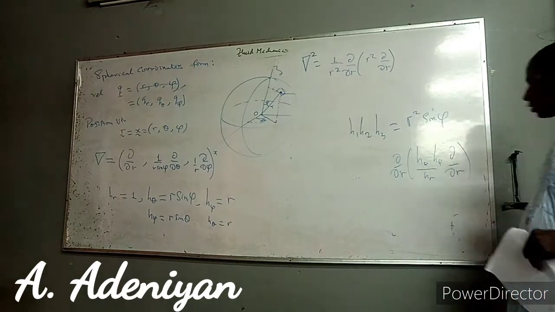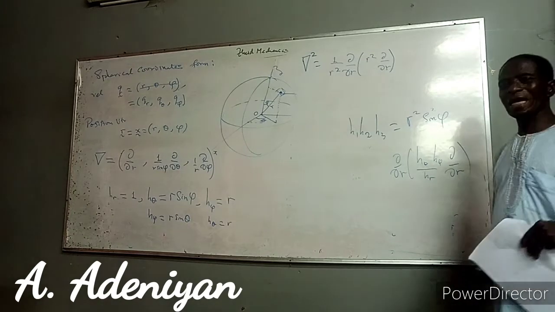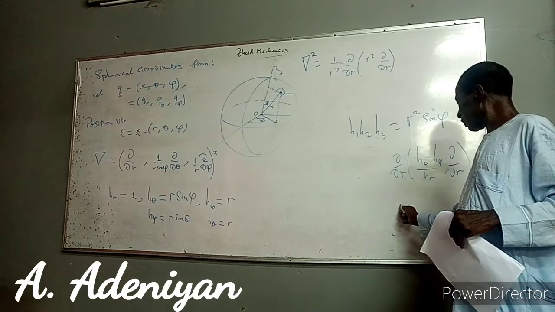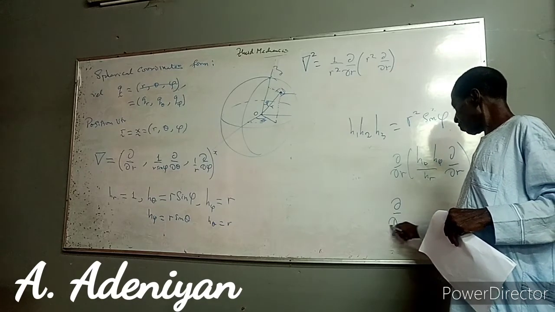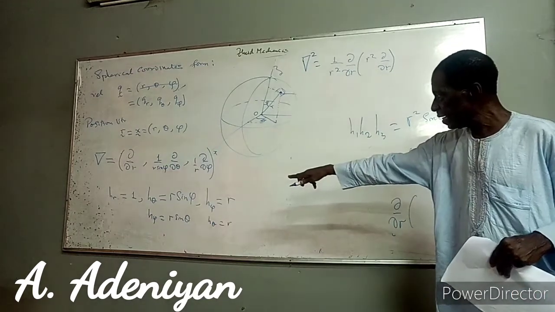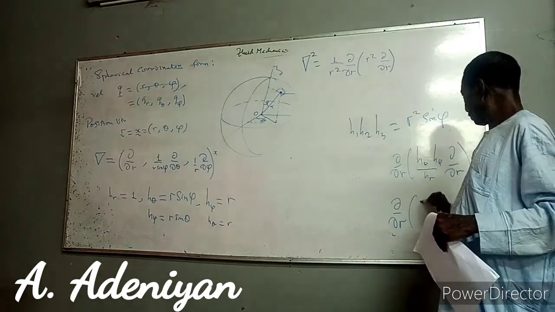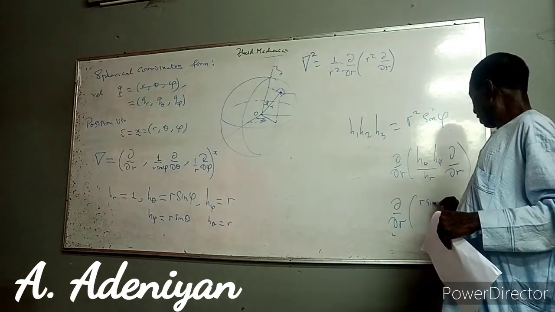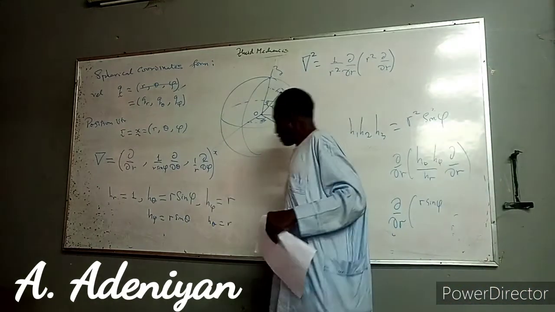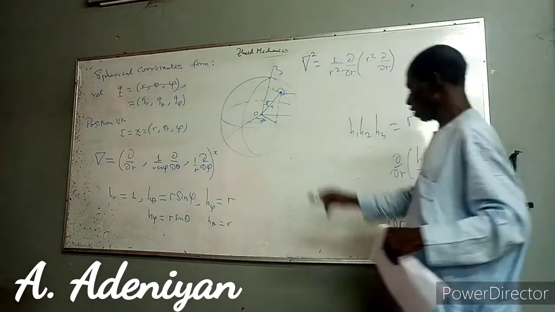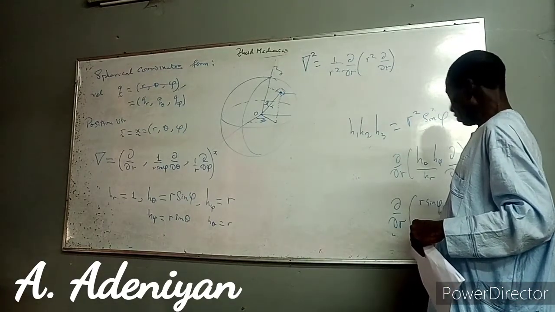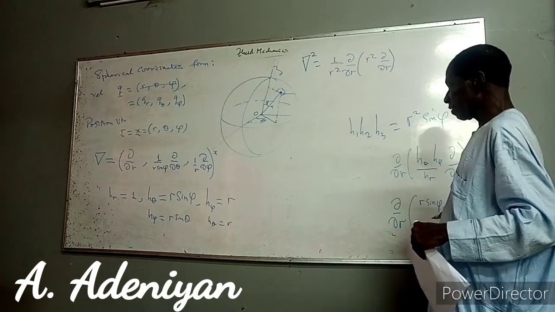I don't want to, because I think I'm too generous to students these days. h theta is what? This is di r. h theta is r sine phi. Then h phi is what? It's also r.